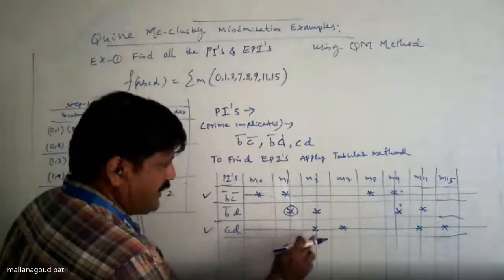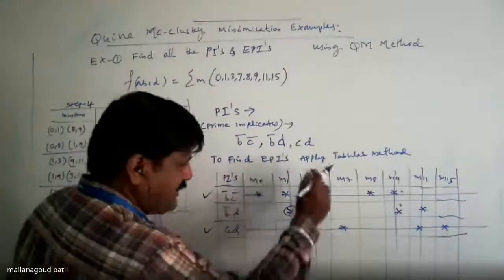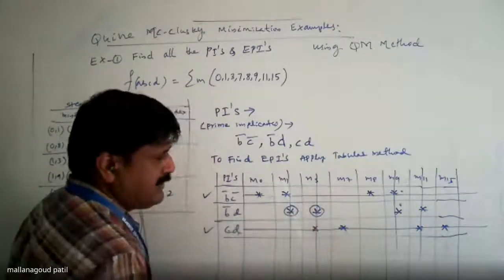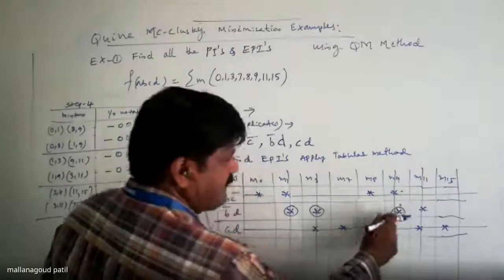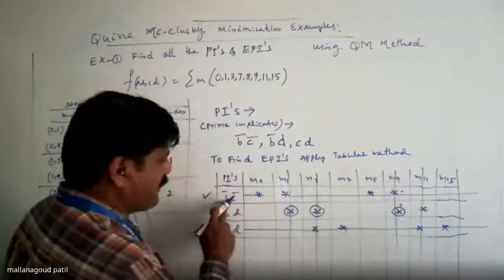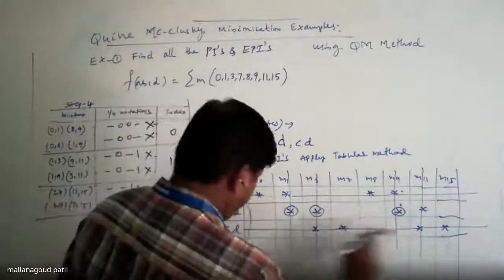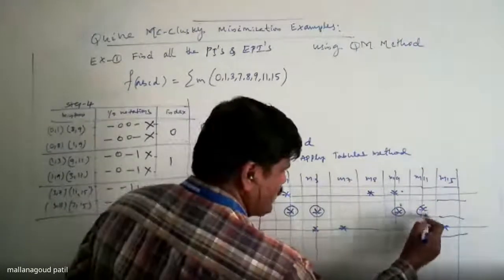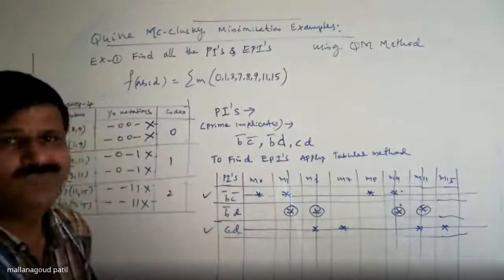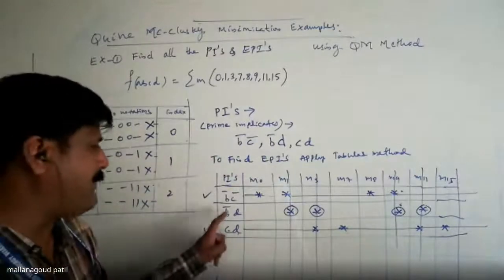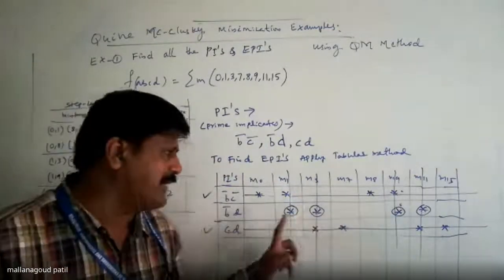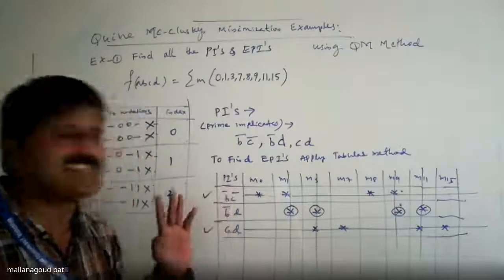Then M3 vertical line for CD, this one is covered. And how is it covered? M9 vertical for B bar C bar is covered, and for CD this one is covered. All B bar D minterms are covered with B bar C bar as well as CD.